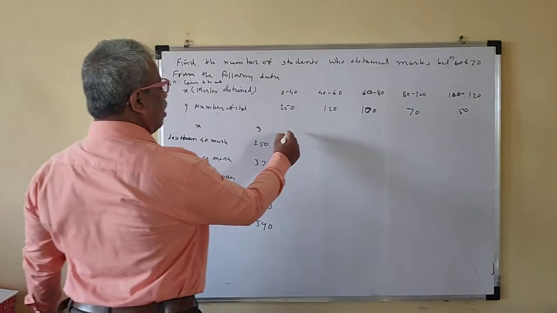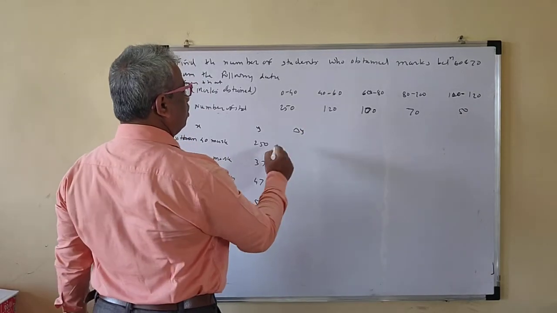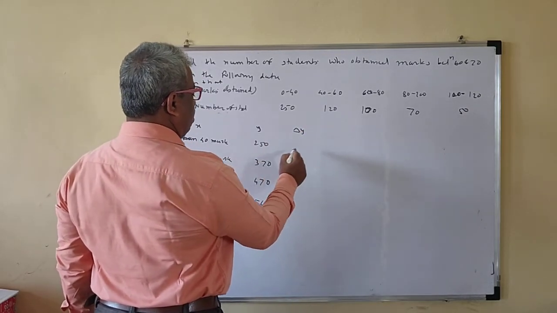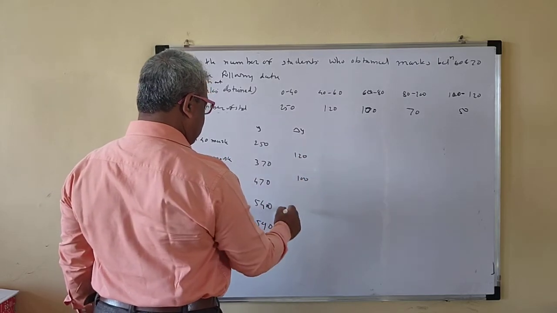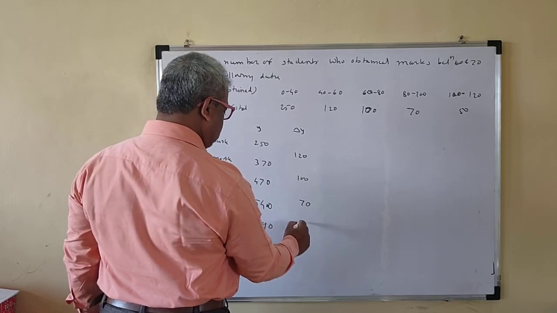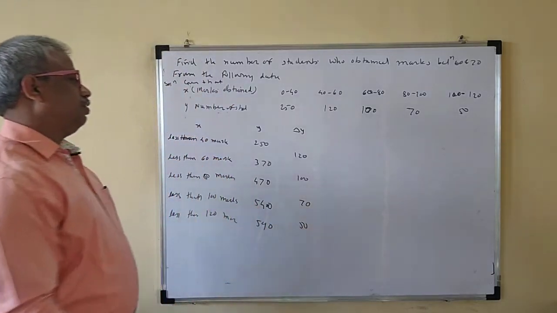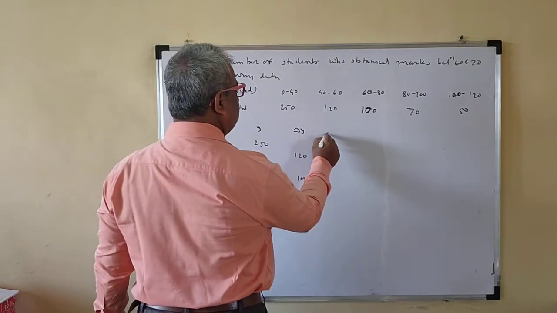Okay, now your delta y. This minus this, so easily you can subtract this one. You will get this is 120. So this is 100. Then this is 70. Then this is 50. Okay. See, you got this. Okay. Now del square y.